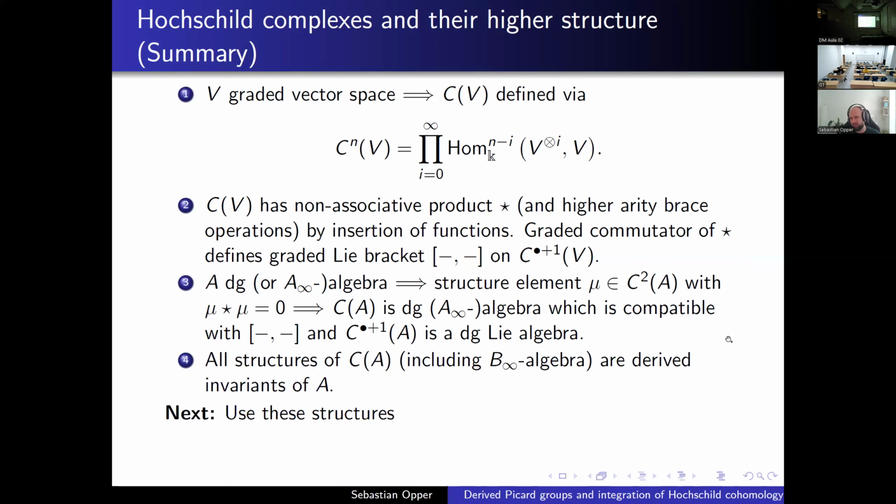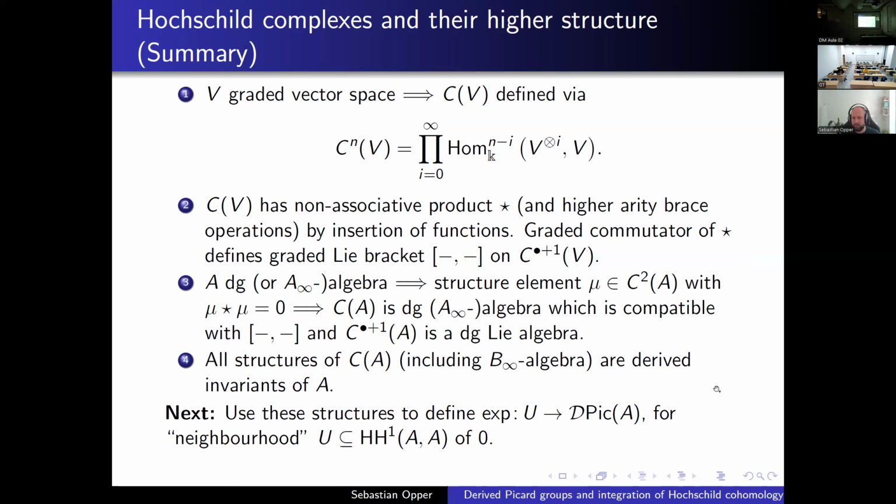Okay, so as I said, what we want to do now is define this exponential from some neighborhood in the first Hochschild cohomology, whatever this means at this point. One obvious question is why only the first Hochschild cohomology, when the whole Hochschild cohomology was the graded Lie algebra.